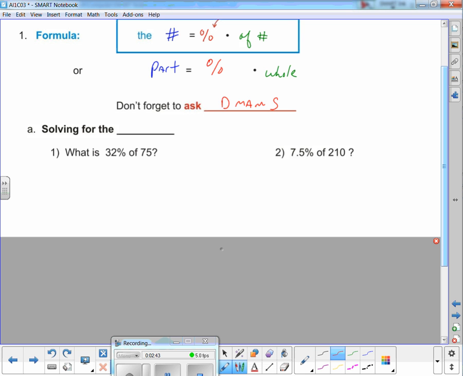All right, so let's start off with solving for the number, which is also the part. So again, these are very, very straightforward. Because again, number equals percent times the of number, right?